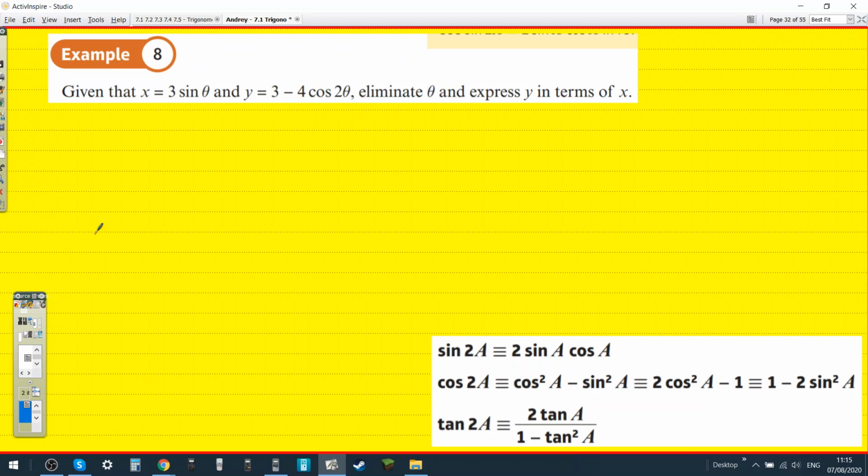So when it says eliminate theta, does that mean make theta equal to 0 or something like that? It means maybe make theta the subject, then you'd sub something else in its place. So would I have to do sine minus 1 of 3x equals theta?